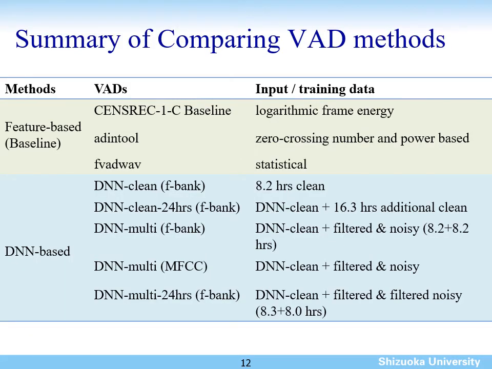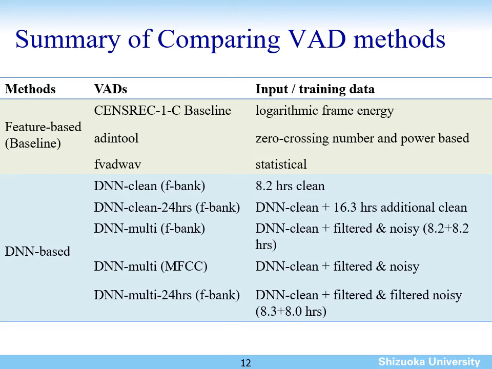To summarize the baselines and DNN-based approaches, we compared the performance of 3 feature-based baseline VAD methods as opposed to 5 DNN-based approaches. To evaluate effect of segmentation on ASR performance, we compare 4 DNN-based VAD methods as opposed to ideal segmentation provided by corpus.